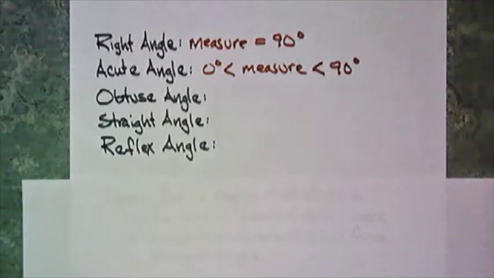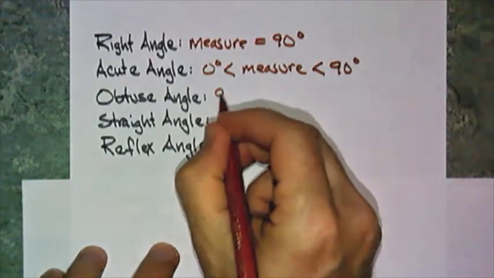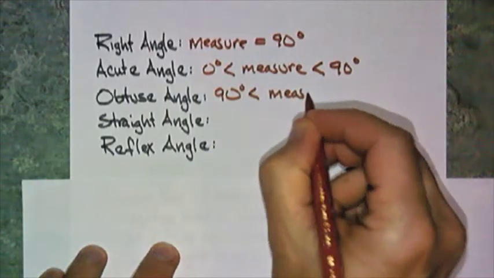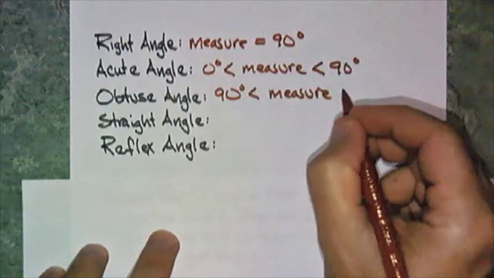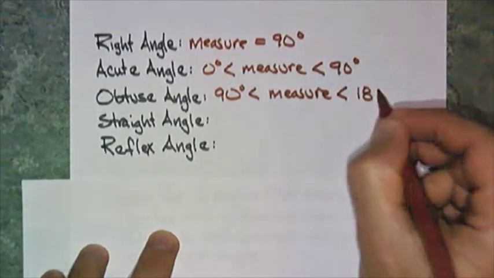Then we go to the obtuse angle. The obtuse angle is going to be larger than 90 but less than 180 degrees.